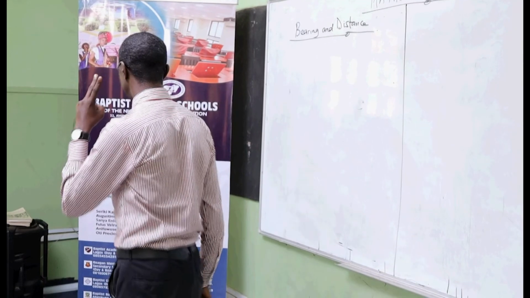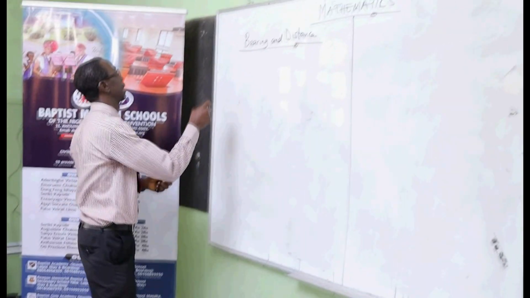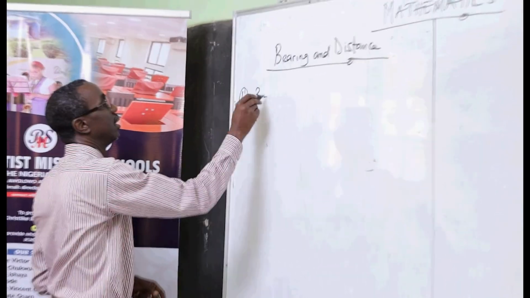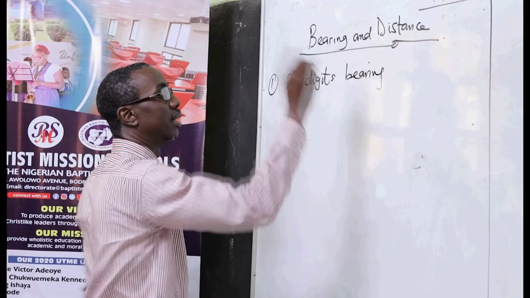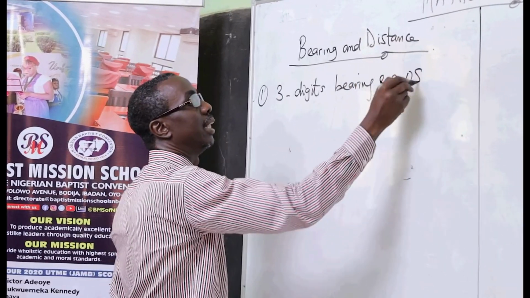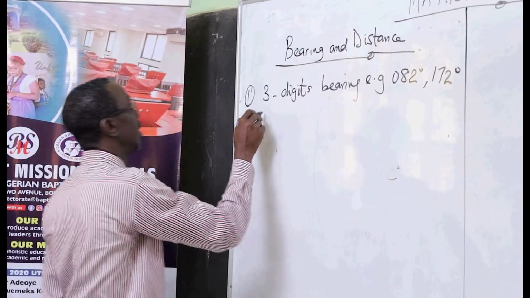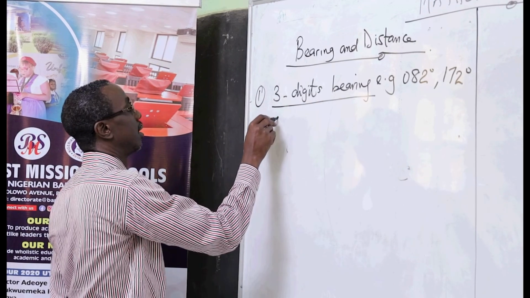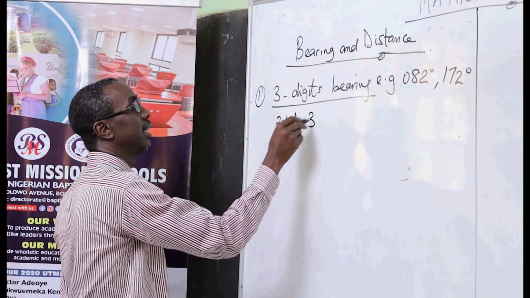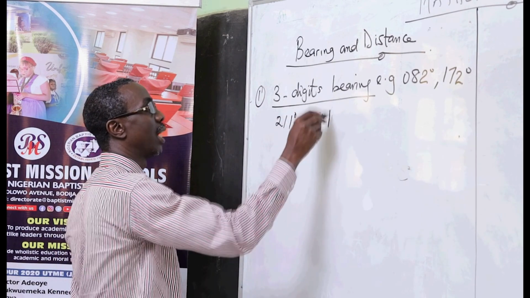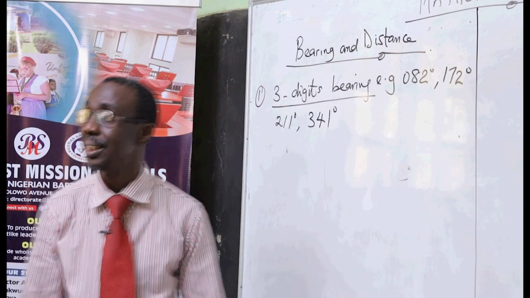The first type is the 3-digit bearing. Examples of that can be 082 degrees, 172 degrees, 211, 341 degrees. And of course, you can have as many as possible, but it should be a 3-digit bearing.